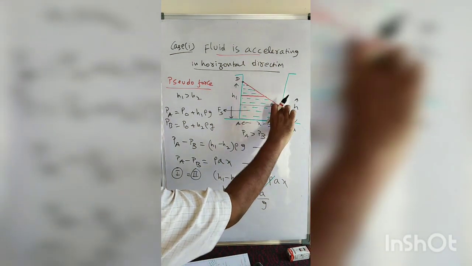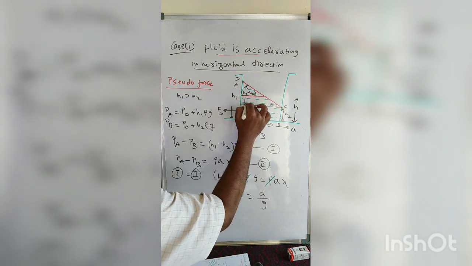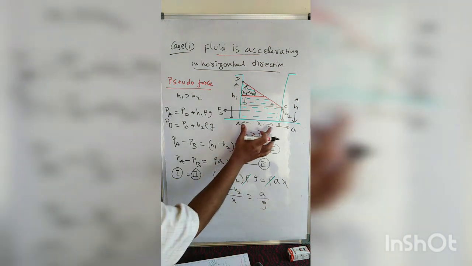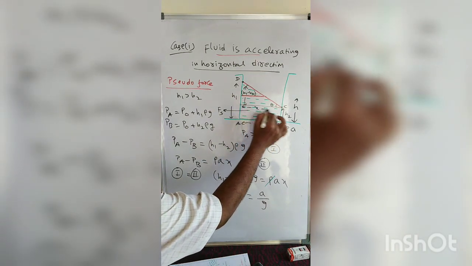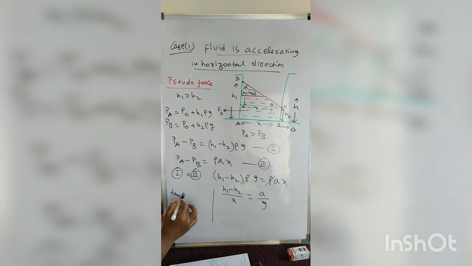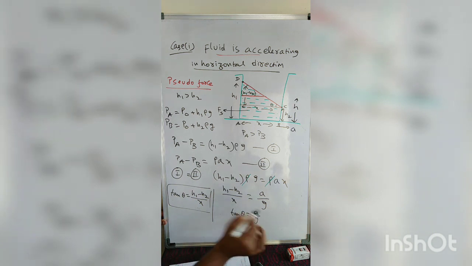This one is H1, this one is H2, so this part is H1 minus H2, and this part is X. Therefore, from the diagram, tan theta equals H1 minus H2 by X. Therefore, tan theta equals A by G.